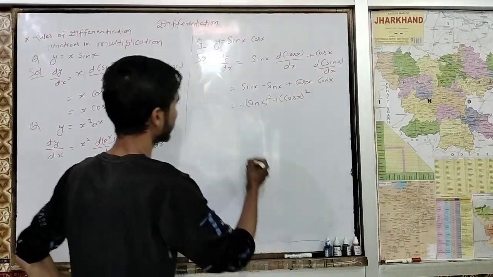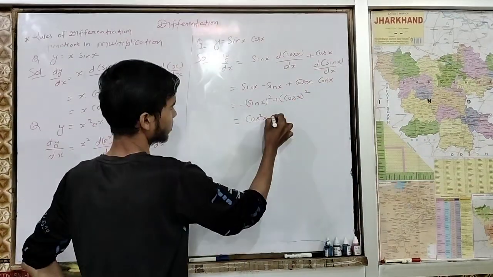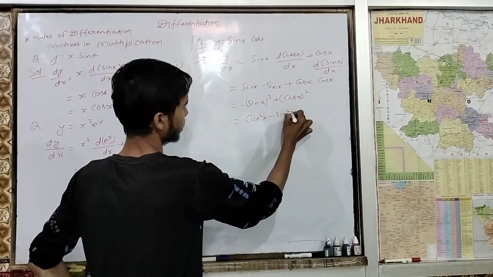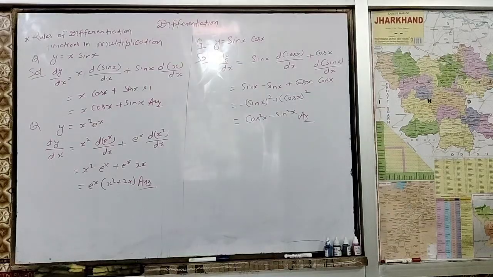It can also be written as cos squared x minus sin squared x. This is your final answer. This is the correct answer, the answer which came is correct.